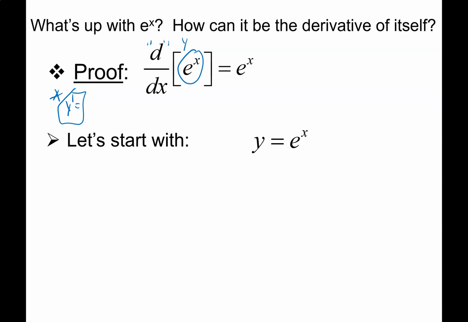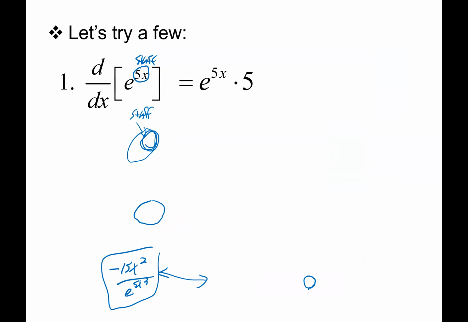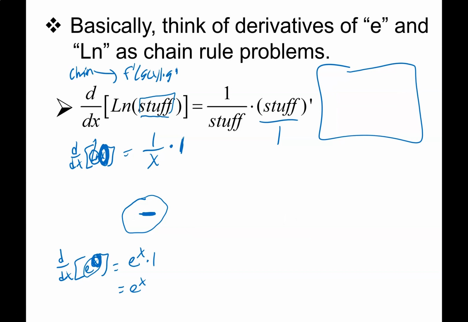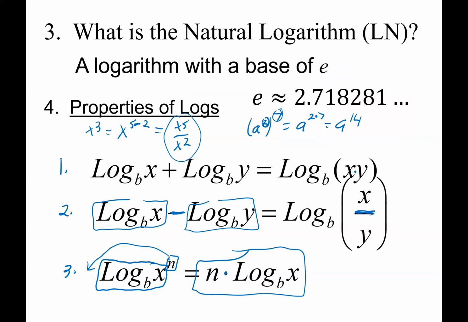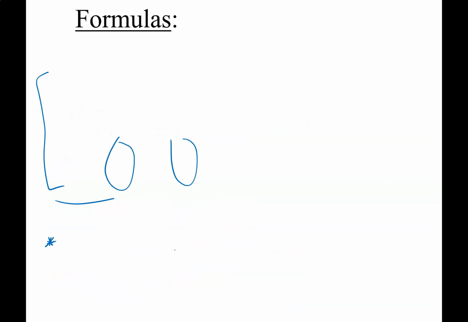But before I do, I want to use those little log properties. I love me some log properties. Specifically, I'm going to be using this one in a minute, where you have a power to a power and you multiply the powers.